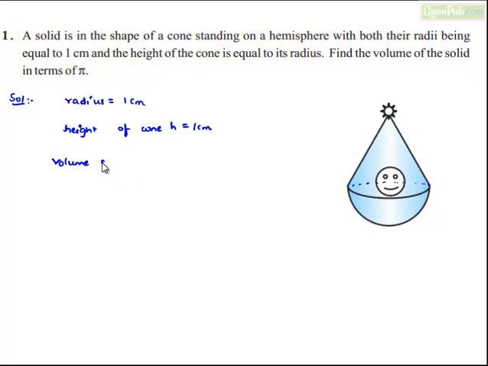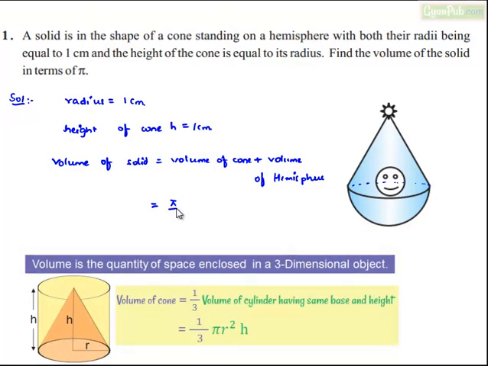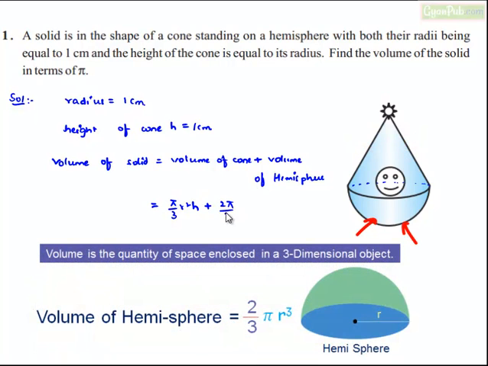So here the volume of the solid is equal to the volume of the cone plus the volume of the hemisphere, which is equal to the volume of the cone, pi by 3 r square h, plus the volume of the hemisphere, 2 pi by 3 r cube.